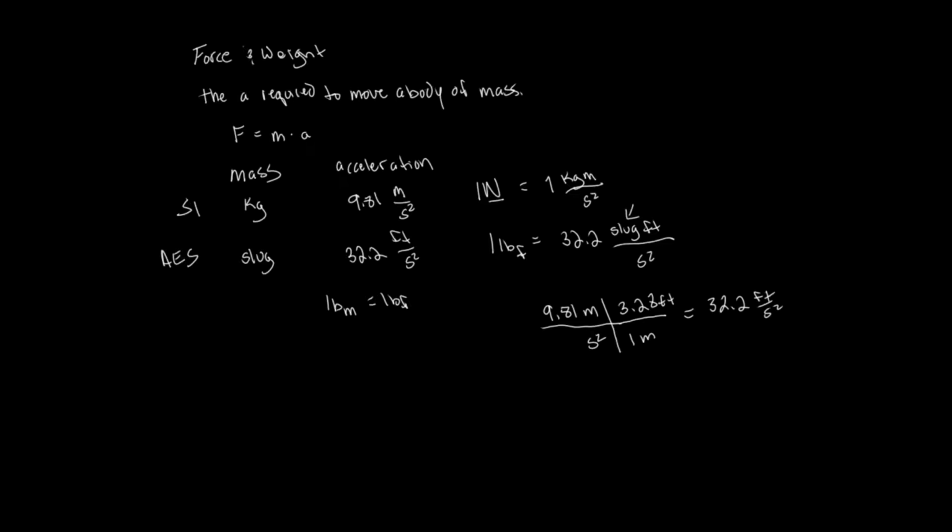So people get confused here because, let's take for instance, we have exactly 1 pound mass. We multiply this times 32.2 feet per second squared, which is the acceleration due to gravity on Earth, and we get 32.2 pound mass feet per second squared.